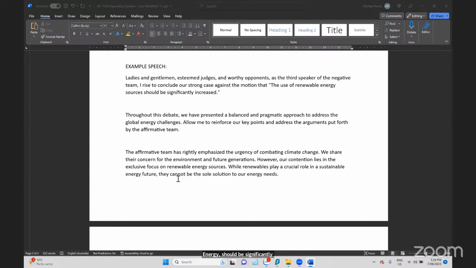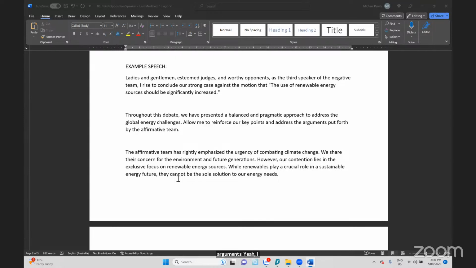Throughout this debate, we have presented a balanced and pragmatic approach to address the global energy challenge. Allow me to reinforce our key points and address the arguments put forth by the affirmative team.